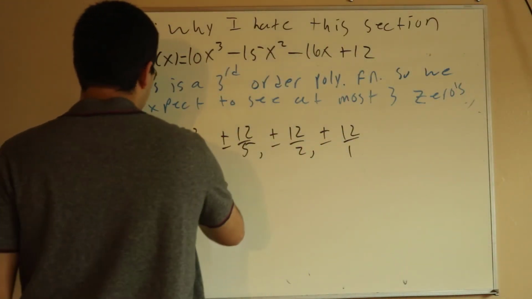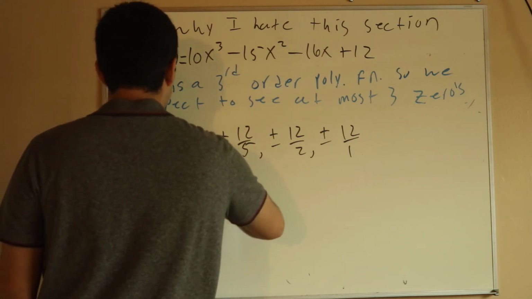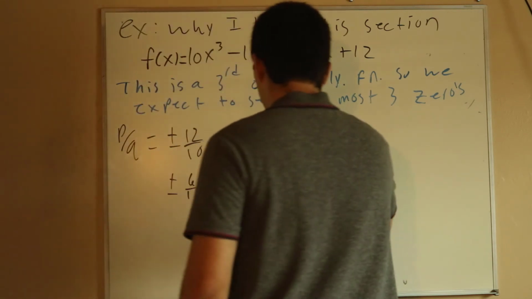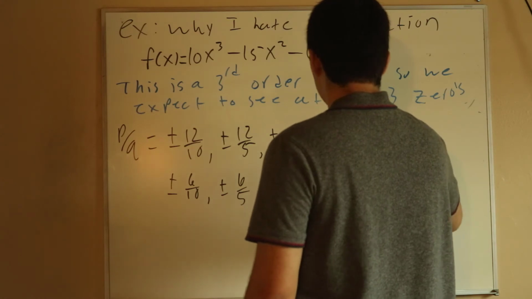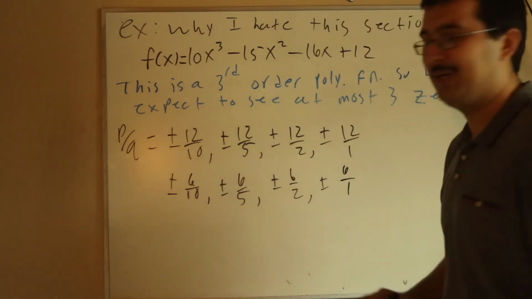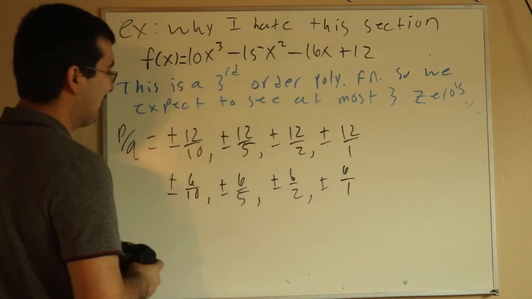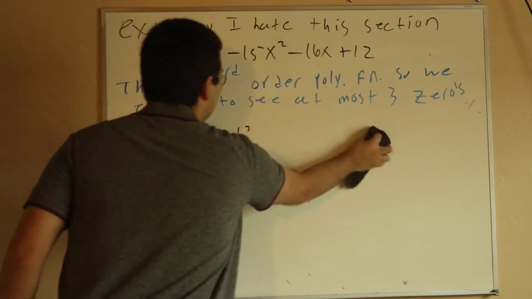Then I'm also going to have plus minus 6 over 10, plus minus 6 over 5, plus minus 6 over 2, plus minus 6 over 1. Great. Ooh, and I already don't have enough room. All right, so I'm going to start over.